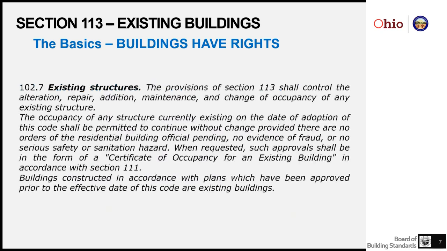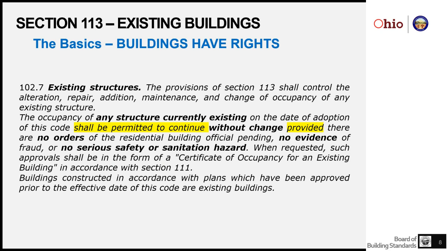So when we look at Section 102.7, this is how it appears. I want to point out a couple of specific things about the code language. The first is that the occupancy of any structure currently existing on the date of the adoption of this code, that's why July 1, 2019 is important, that's the date, shall be permitted to continue.